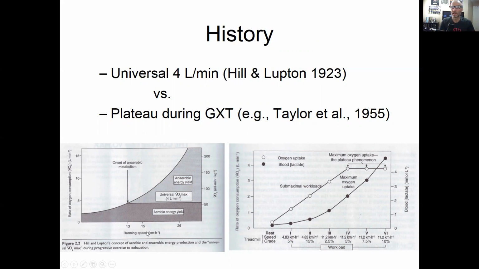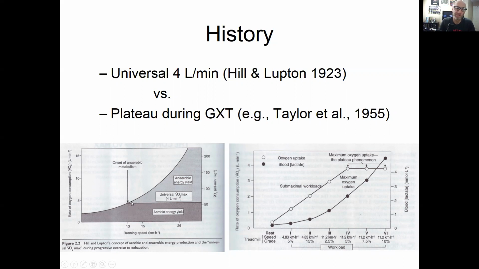So what this model proposed was that there was a universal maximum rate that oxygen could be used, and that universal number was 4 liters per minute. That means, this was the hypothesis, every person, or humans in general, had a universal VO2 max of 4 liters per minute.